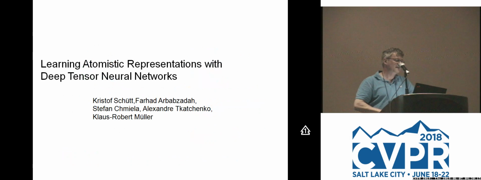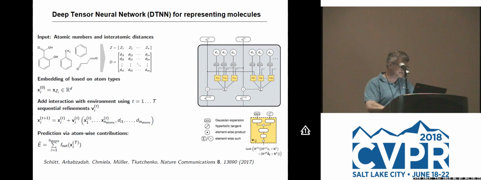So now we can do neural nets, because in neural nets we have the possibility to make them deep, and to put all the prior knowledge inside. And this was a paper published in Nature Communications in 2017. So the idea is now, again, we take the distances that we before put into the Coulomb matrix, and then for every atom of the molecule, we have this kind of module.